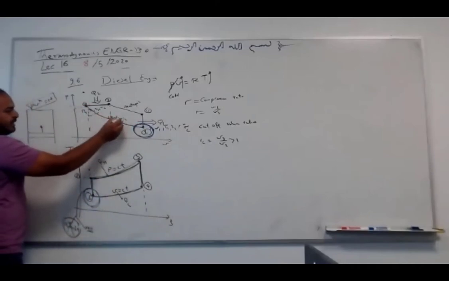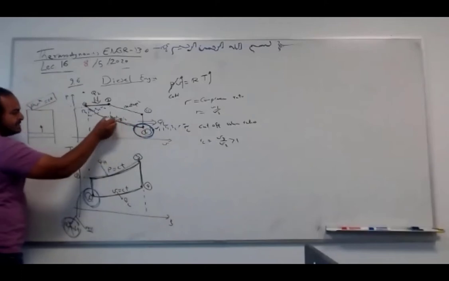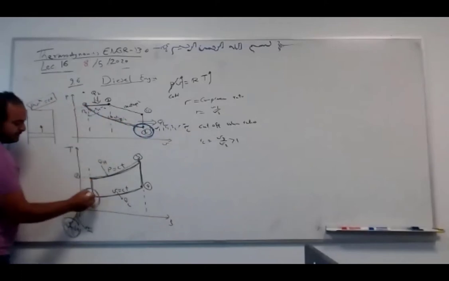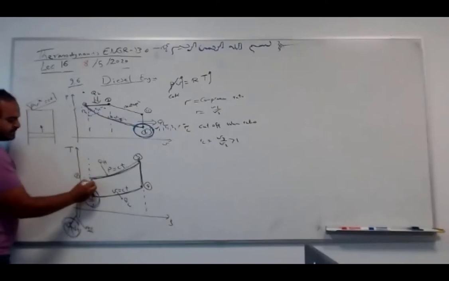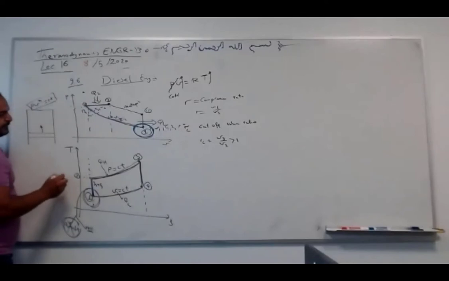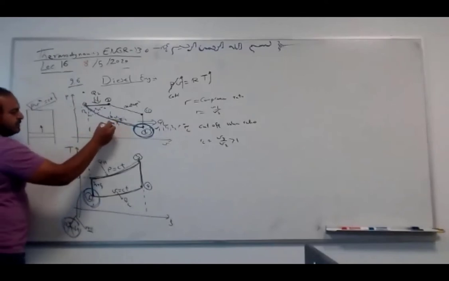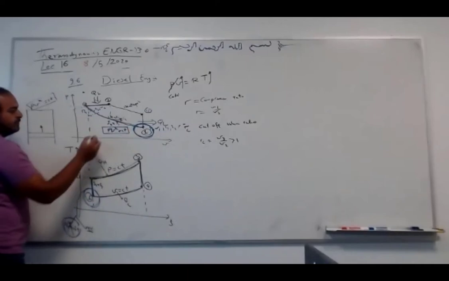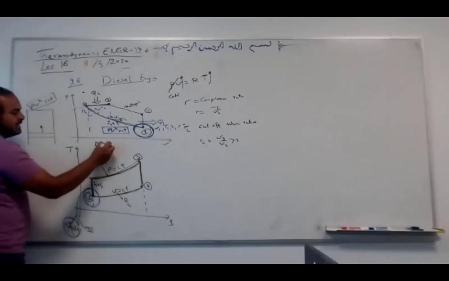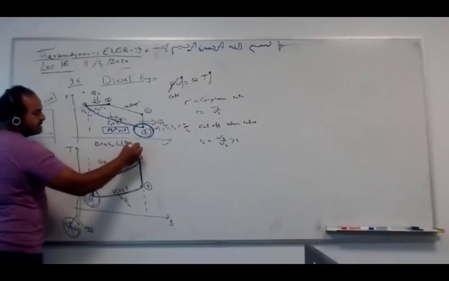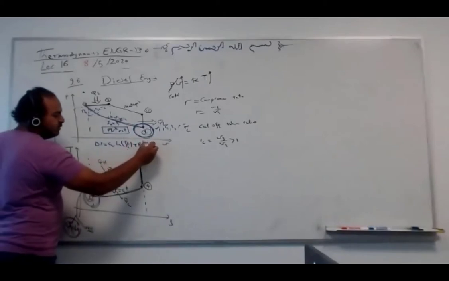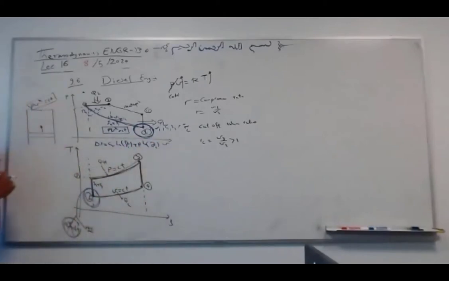1 to 2 is isentropic. It looks like this in the PV diagram, like that in the TS diagram. It's constant entropy, S2 equals S1. The better thing is to use PV to the K equals constant, a simplified form. If you remember, delta S was Cv ln T2 over T1 plus R ln V2 over V1, or the other form.